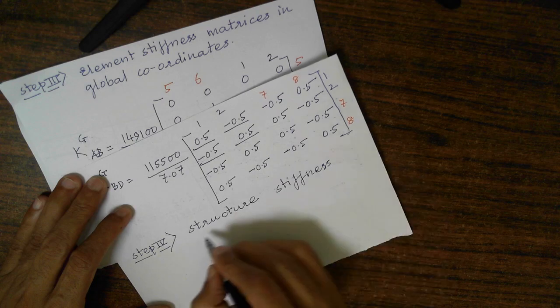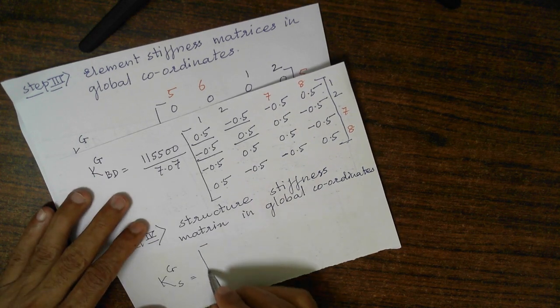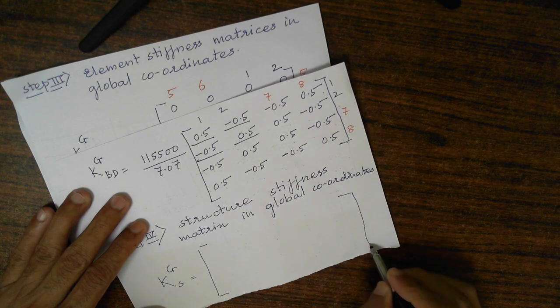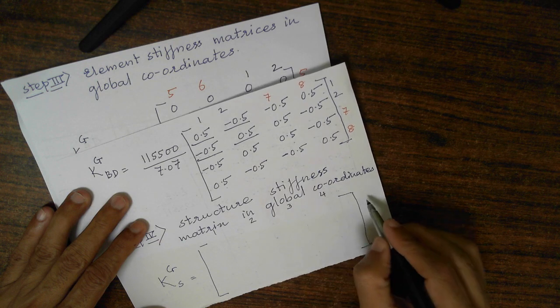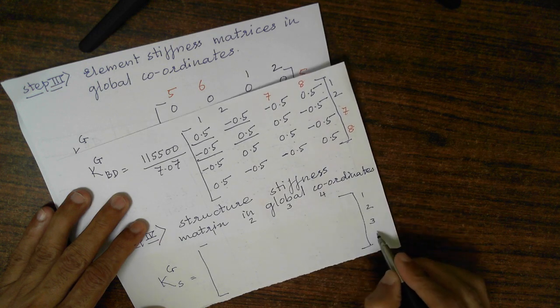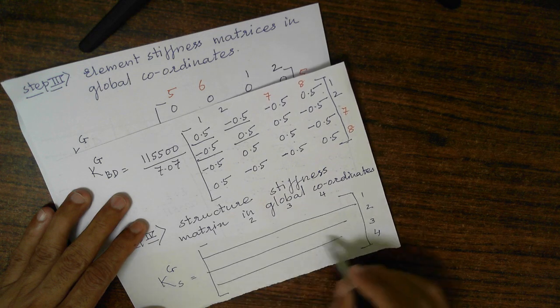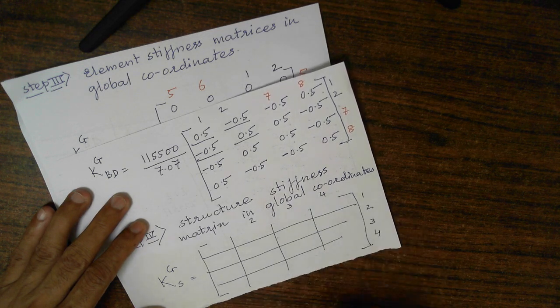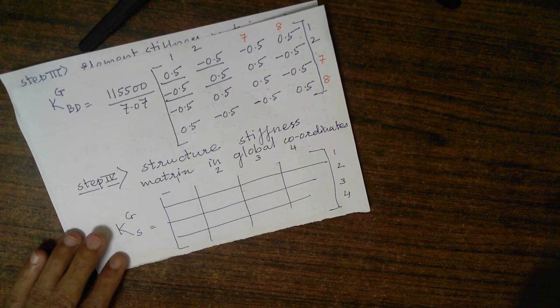So K global structure, I know the size will be 4 by 4, 1 2 3 4 by 1 2 3 4. How have I judged it? Because the degree of kinematic indeterminacy for the structure is 4, and that is why the size of the structure stiffness matrix in global terms will be 4 by 4.